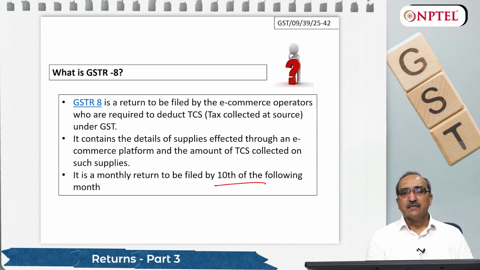So once this buyer has deducted TCS or collected TCS, he is supposed to deposit it to the government and file its return in GSTR 8, giving details of all such deductions, so that the amount deducted and deposited by this fellow is available to the buyer for calculating his own tax liability. So these returns are equally important from the buyer's point of view.